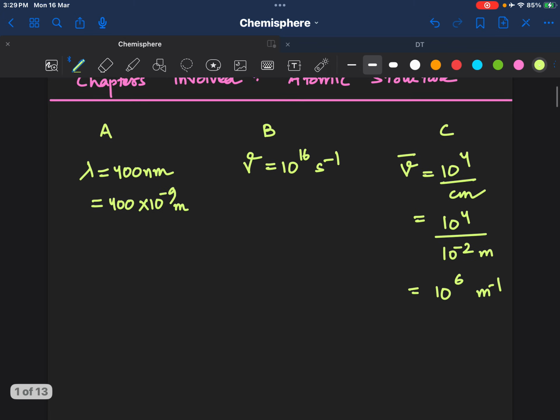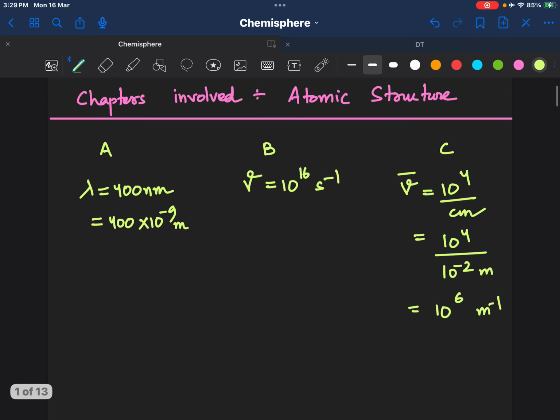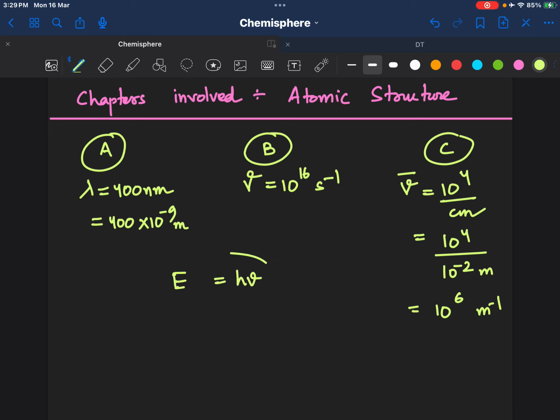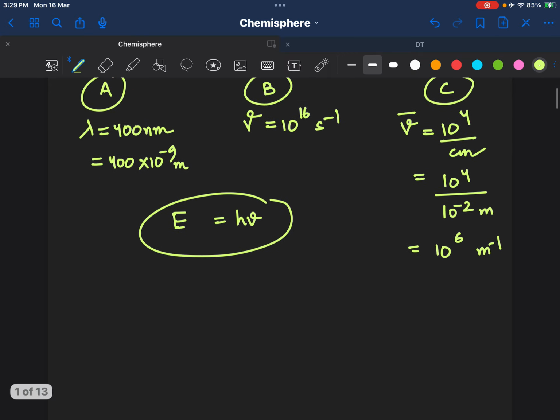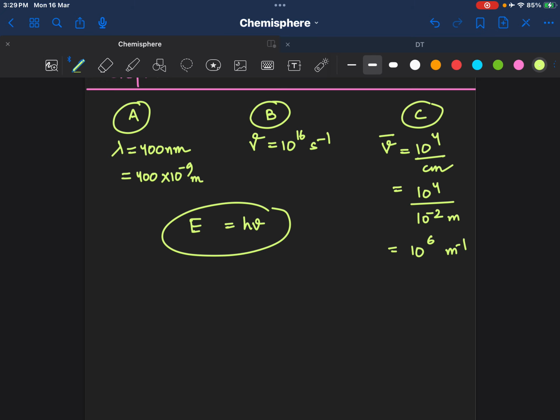They're asking us to arrange these in the order of their energy. Either you can use the formula E is equal to h nu and calculate for each one individually, but since this is JEE Mains, we don't have much time, so we'll try to do something smarter. Let's talk about A. In terms of wavelength, E is equal to hc by lambda.